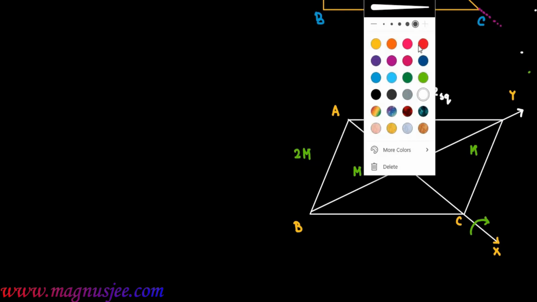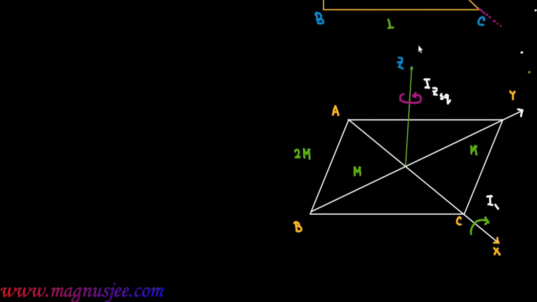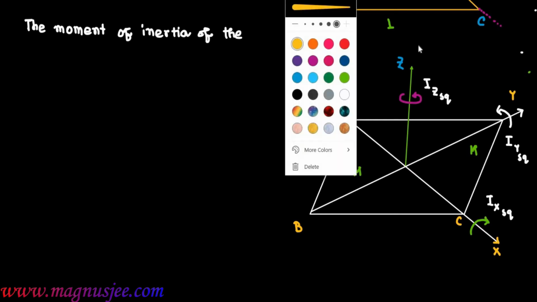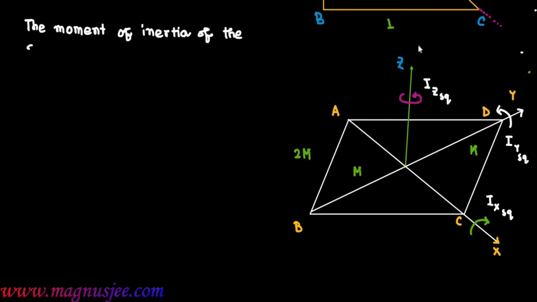If the square lamina rotates about the axis x, it will have the moment of inertia I_X,SQ. Similarly, I_Y,SQ is the moment of inertia of the square lamina about the axis y.